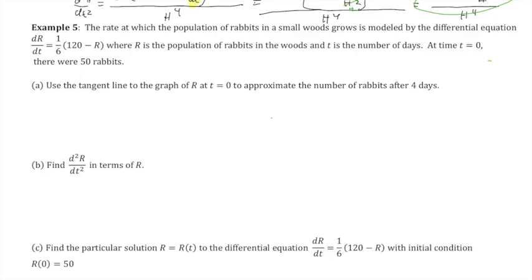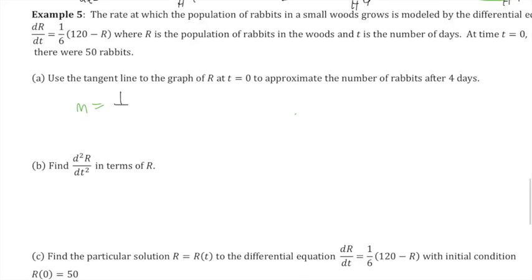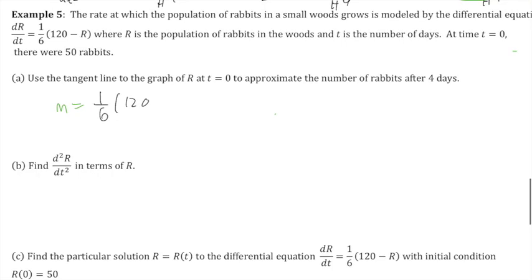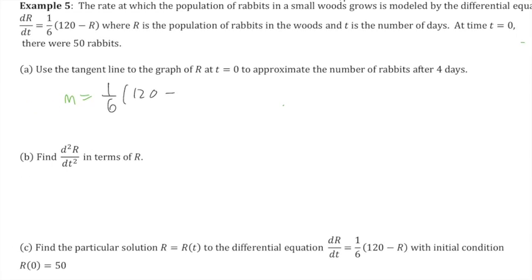So example 5, still doing tangents and slopes. So my slope is going to be equal to 1/6 times (120 minus r). And we know that we have at time 0, r is 50, so (0, 50).